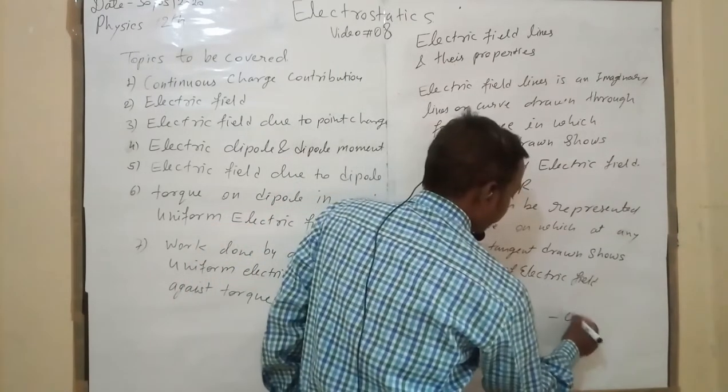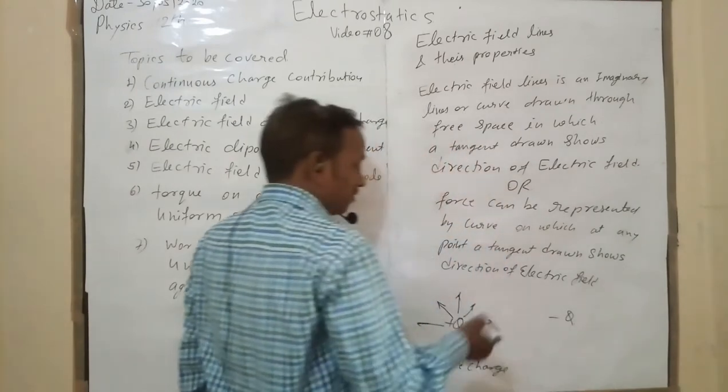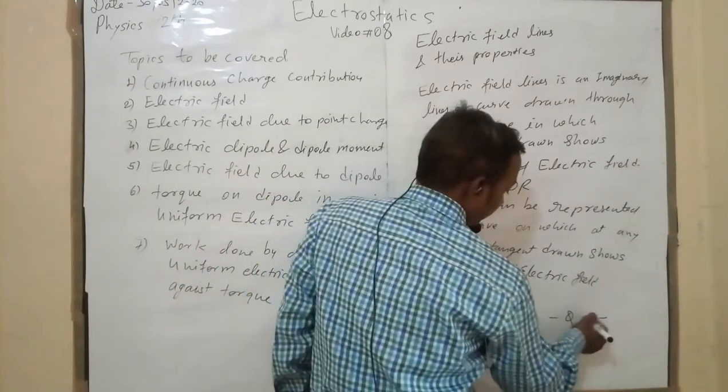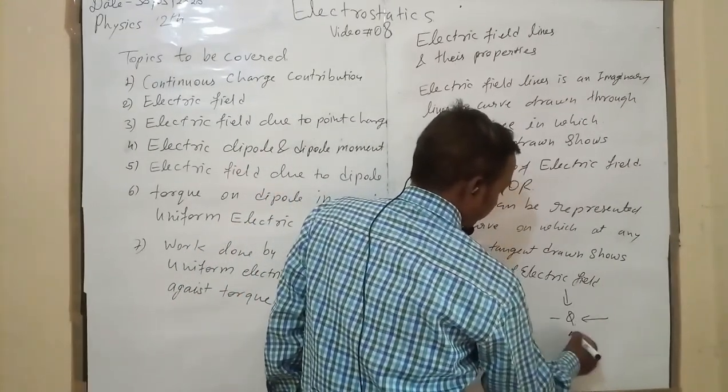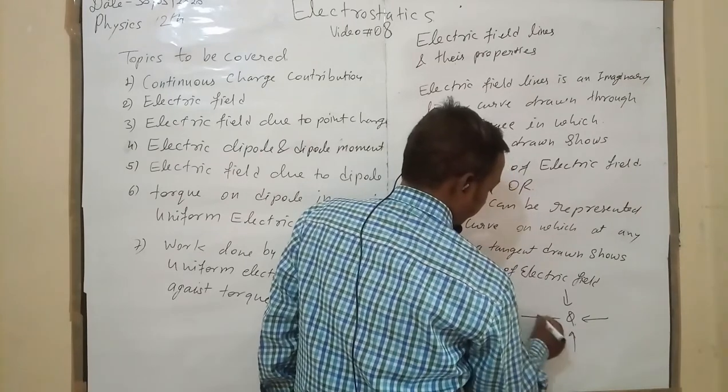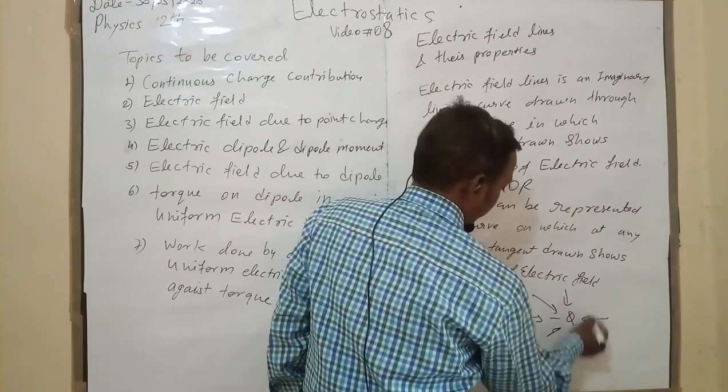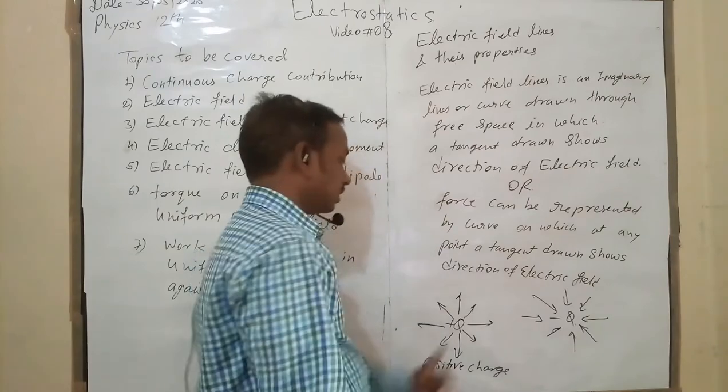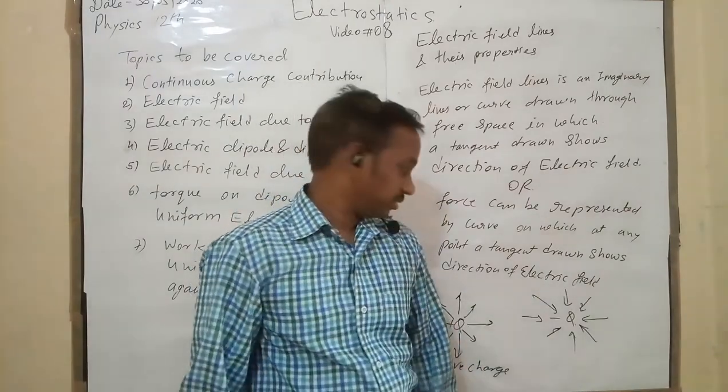Suppose there is a negative charge, then all field lines enter into the negative charge. These are the electric field lines.